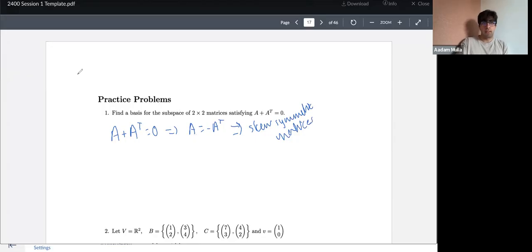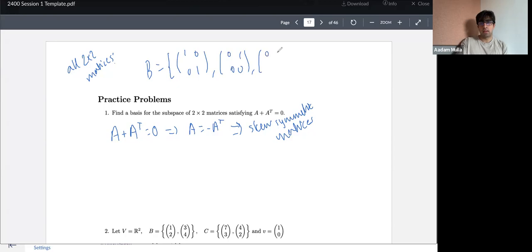Remember, for all 2 by 2 matrices, what was our basis? We needed a matrix to make this guy, and this guy. That was our basis for all 2 by 2 matrices. But now we're talking about a very specific type of matrix, skew-symmetric matrices.